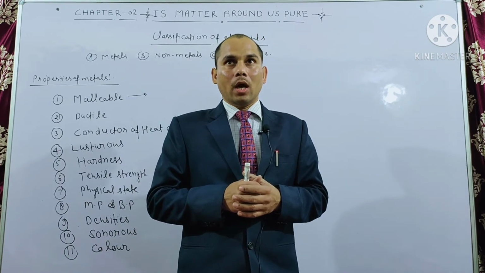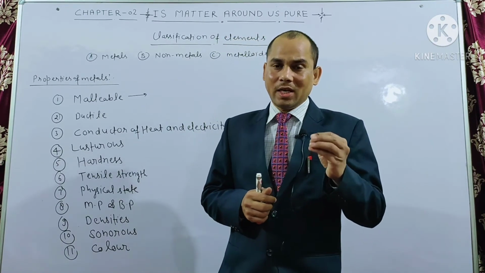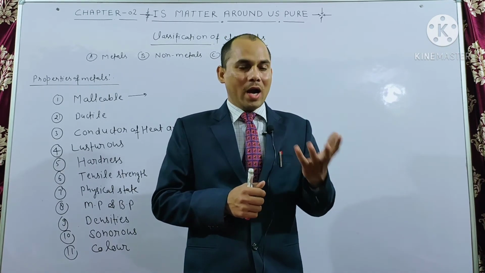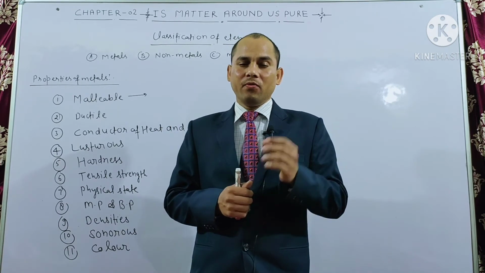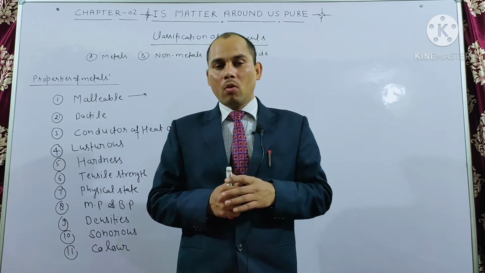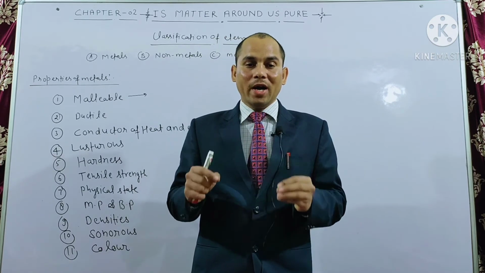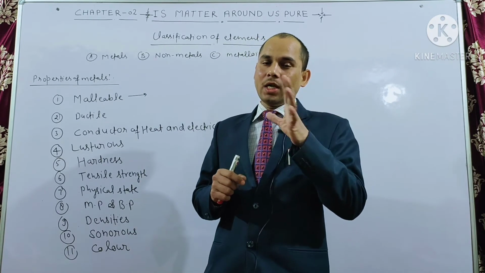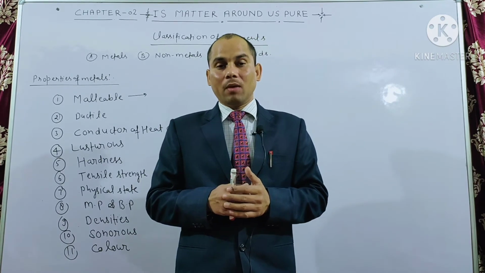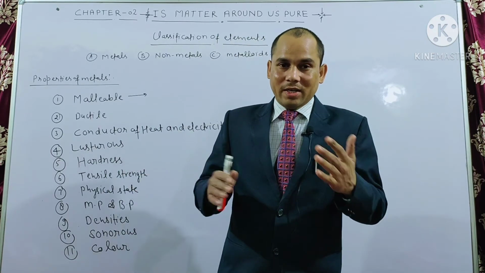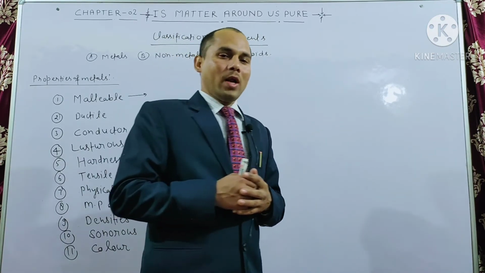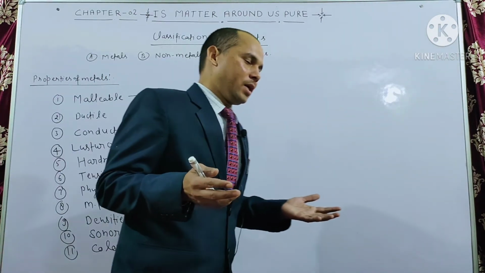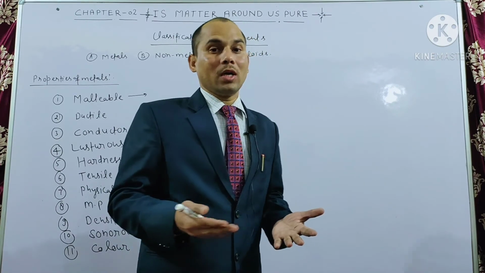The best ductility is in gold and silver. If we take only 100 milligrams of gold, we can draw a 200-meter long wire. Copper and aluminum also have good ductility.